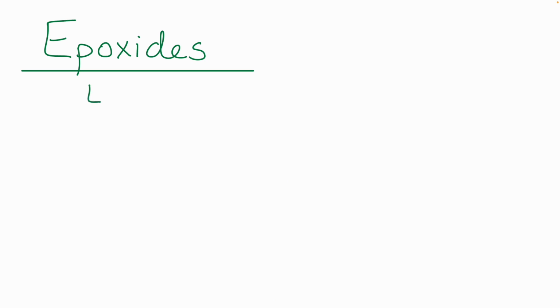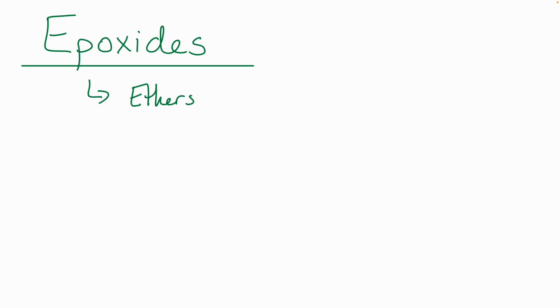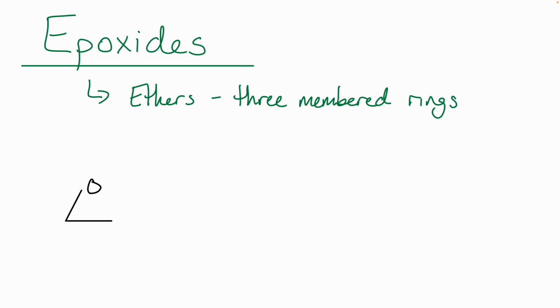All right, so epoxides are ethers, but necessarily that are forced into three-membered rings. So our simplest epoxide here would just be 2 carbons and an oxygen.